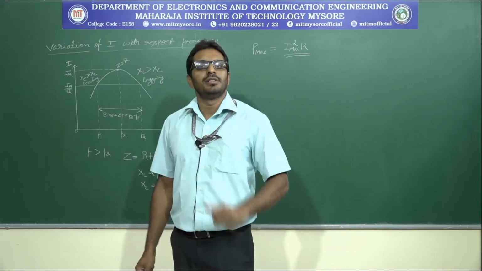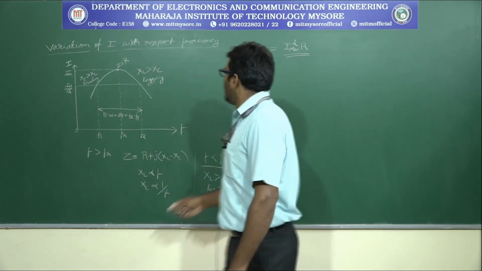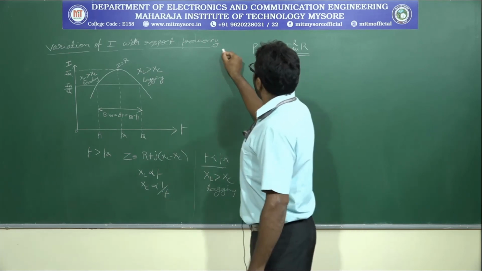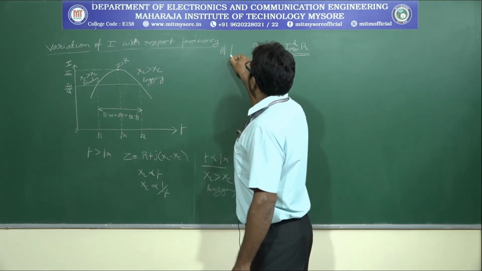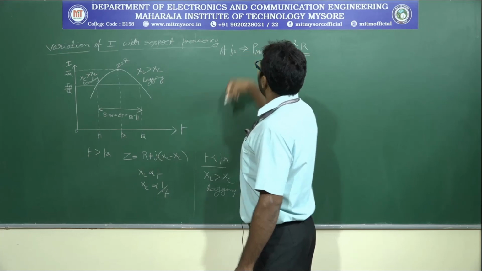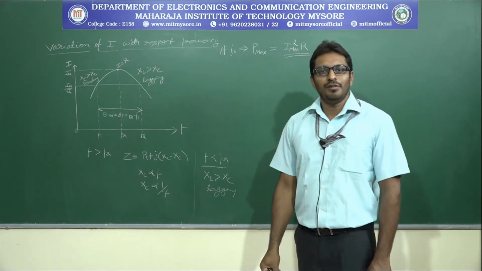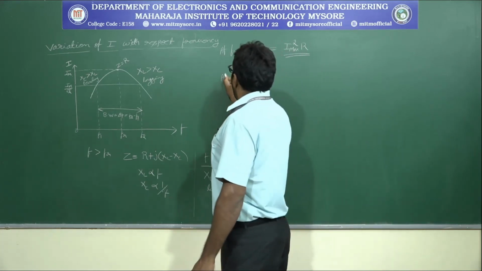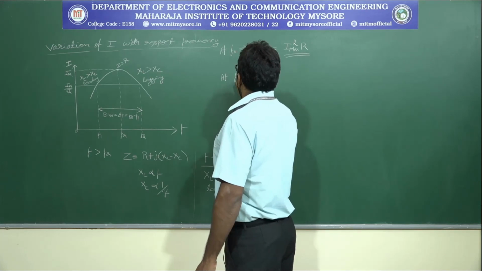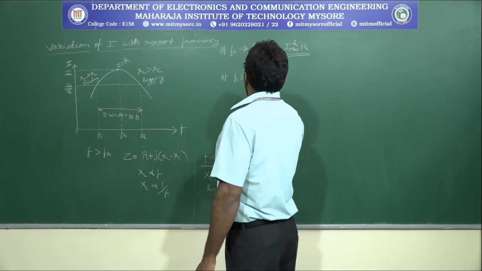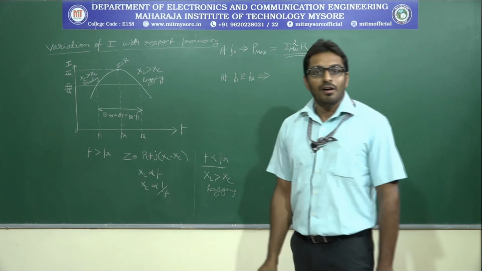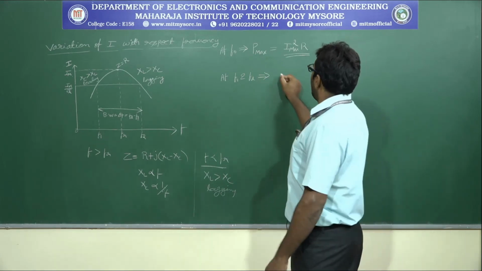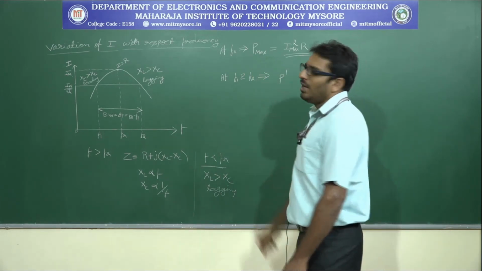The impedance of the circuit behaves like a resistance. This is at F0, where F0 is nothing but FR, the resonant frequency. Next, at frequencies F1 and F2, known as cutoff frequencies, let me represent the power by P dash.